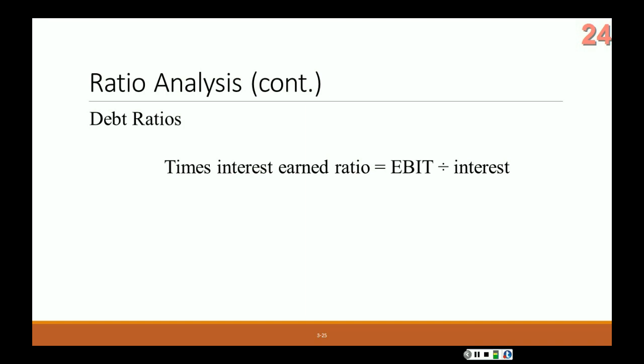So if we calculate this for Bartlett Company, we see our earnings before interest and taxes is 418. We divide that by our interest expense, 93, and that gives us 4.5.